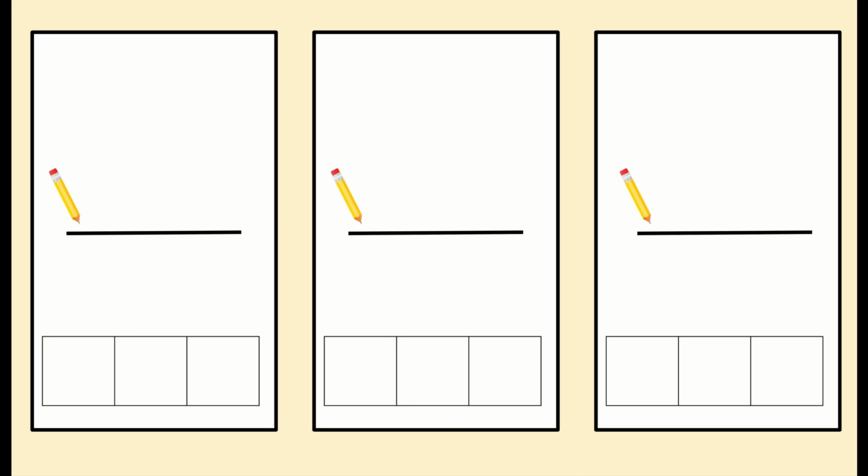Now let's practice spelling some of those words. The first word we're going to spell is the word wit. Stretch it out and listen for the sounds, w, it. Now write the letters that represent the sounds that you hear in the word wit. All right, our next word, had.